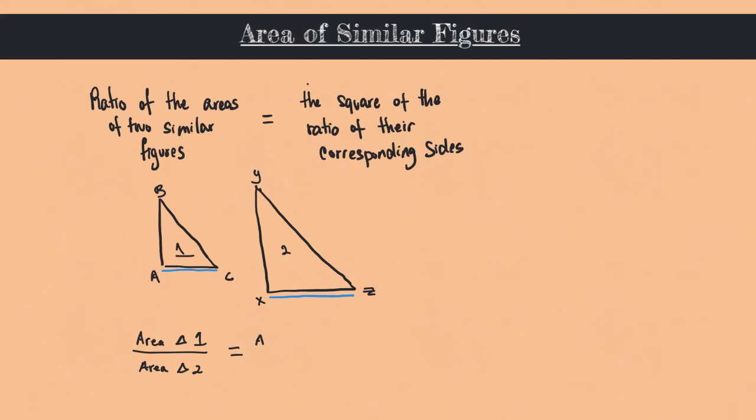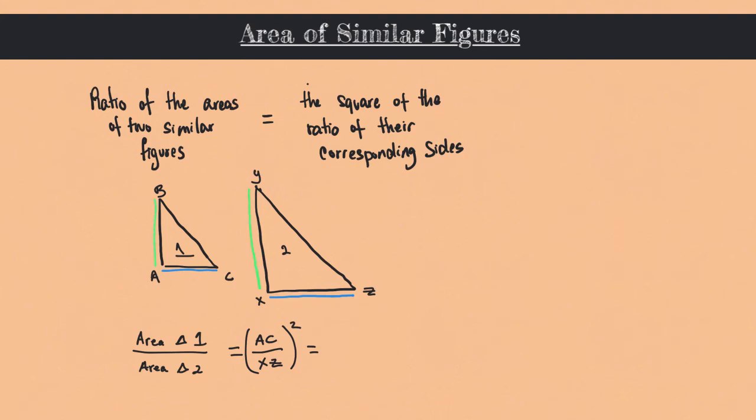So we have AC to XZ, that's a pair, and it is the square of that, okay? The ratio of the areas of our similar triangles is equal to the square of the ratio of their corresponding sides. And that's also going to be the same as, let's talk about the height of our similar triangles, okay?